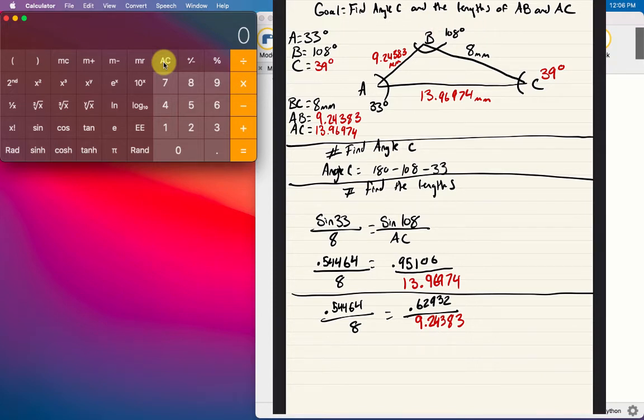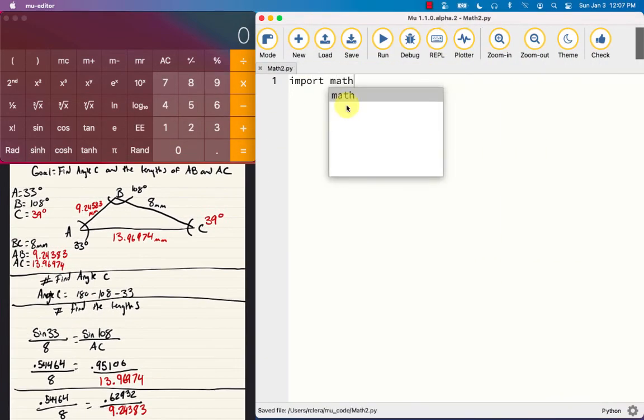And then I also want them to provide 108, so pretty much what we started with. And then our program is going to give us the value of C, which we calculated, our length of AC, which is 13.96974, and then AB.